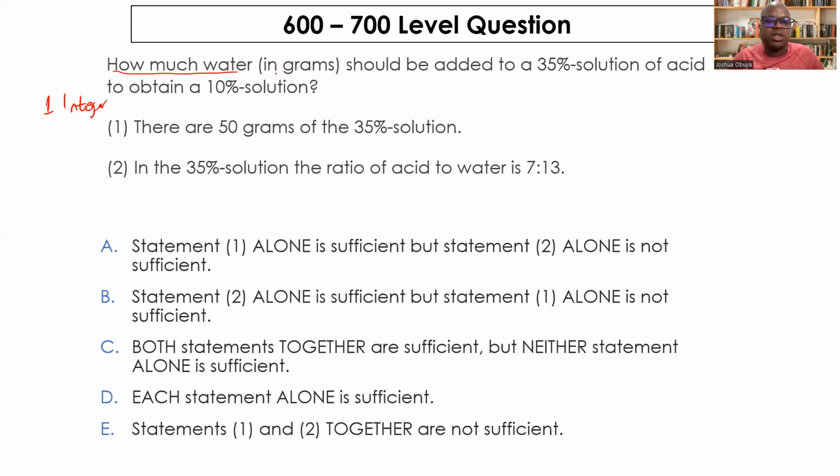We've been asked how much water in grams should be added to that 5% solution of acid to obtain a 10% solution. So here we have water, then you have acid, which is that 5%, 0.05 acid. It's mixed together to form a 10% solution, 0.1 times water plus acid.